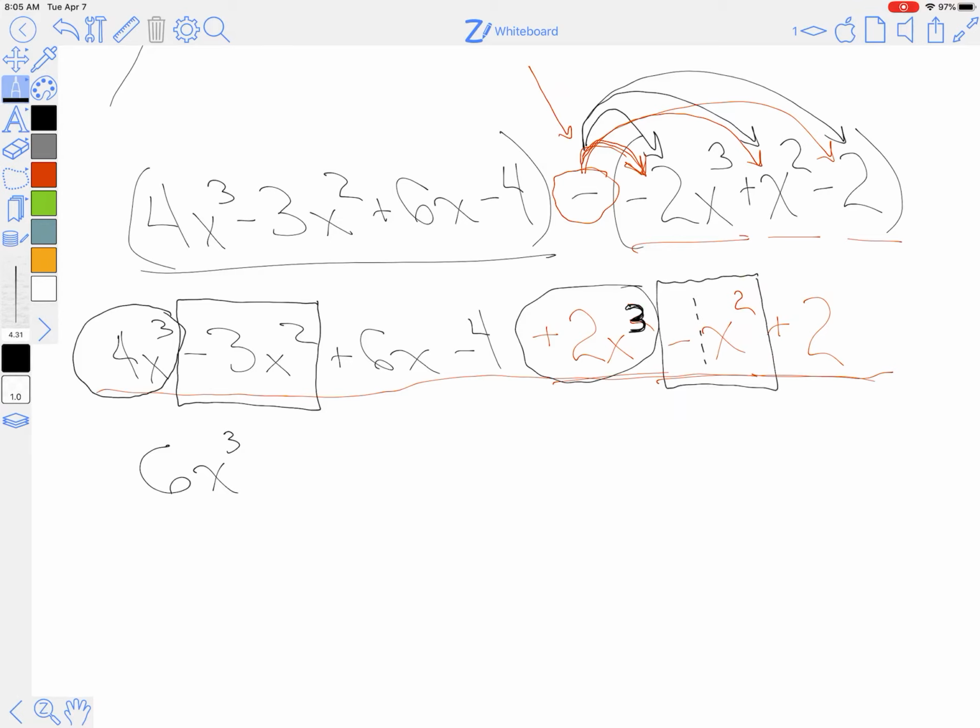So a negative 3 and a negative 1, negative 4x squared. 6x is next, but it has nothing else to go with it, so we're just going to leave it alone and say plus 6x. And then I have my constants at the end. I have the negative 4 and the positive 2, which leaves me with negative 2.